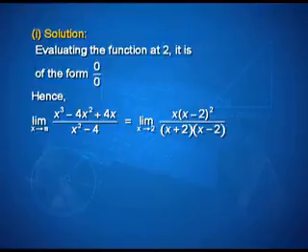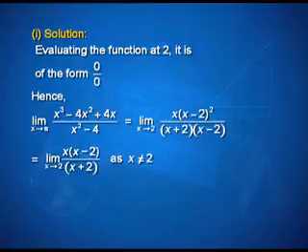Hence, we can simplify limit of x cube minus 4x square plus 4x upon x square minus 4 as x tends to 2 as limit of x into x minus 2 whole square upon x plus 2 into x minus 2 as x tends to 2. Can you find something common in numerator and denominator?